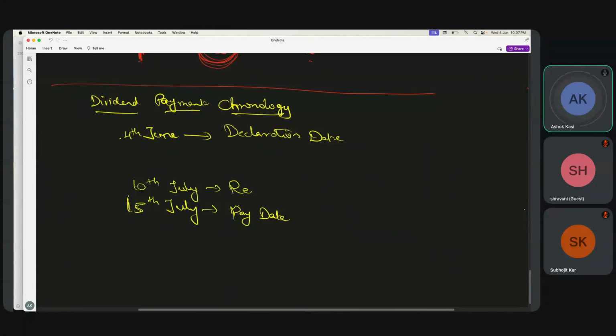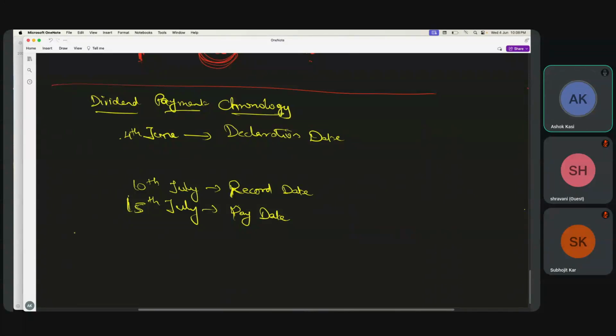This date is called the record date. Record date means the date on which whoever is the owner, dividend will be paid to that person. That means the company says it doesn't matter who is owning the shares on 9th July, or on 11th July. On 10th July, end of the day, if your name is there on the record, I will pay dividend to you. That is record date.